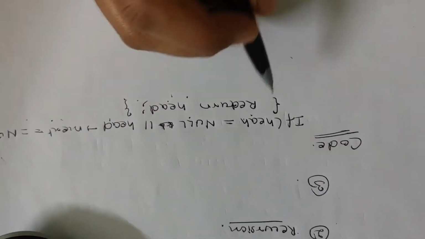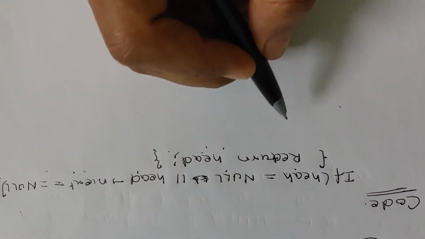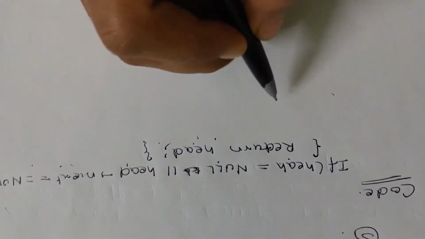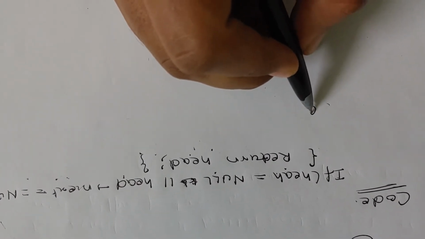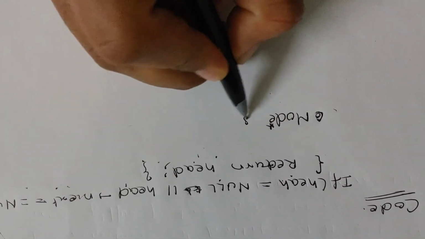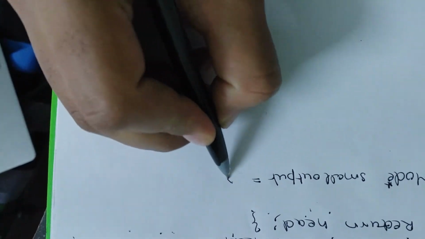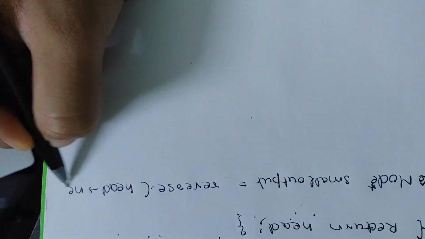So in this we'll call recursion. I'll put the name of the function as reverse, reverse linked list. So we'll call node star small output, which is equal to reverse head next.